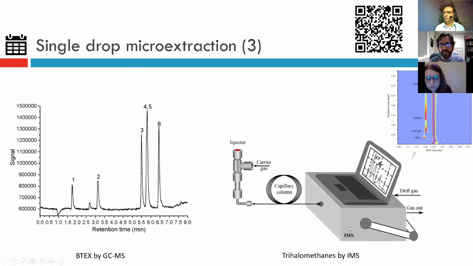And here, this is another approach for the determination of trihalomethanes in water using ion mobility spectroscopy. This is a portable device, so we can do, if it's required, the analysis on site.